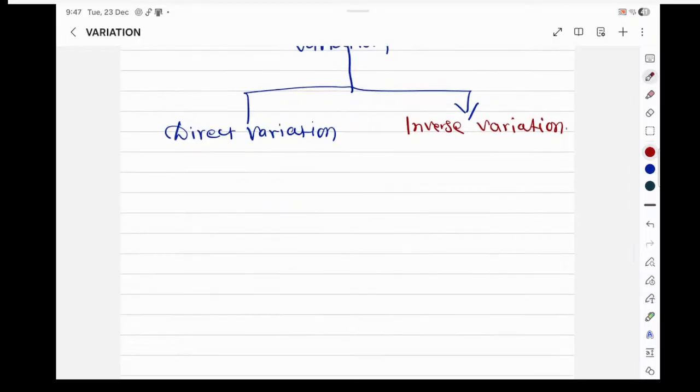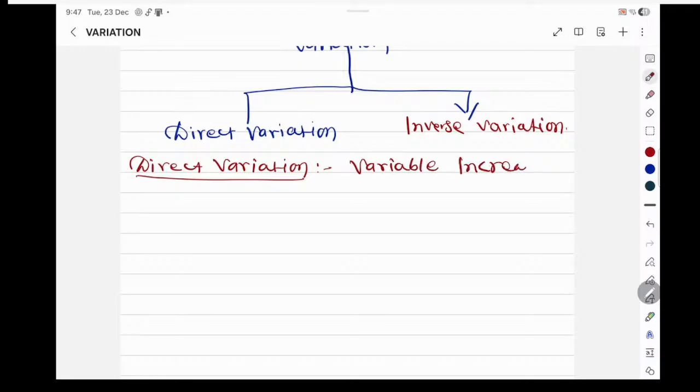Direct variation means variables increase or decrease together at a constant rate.